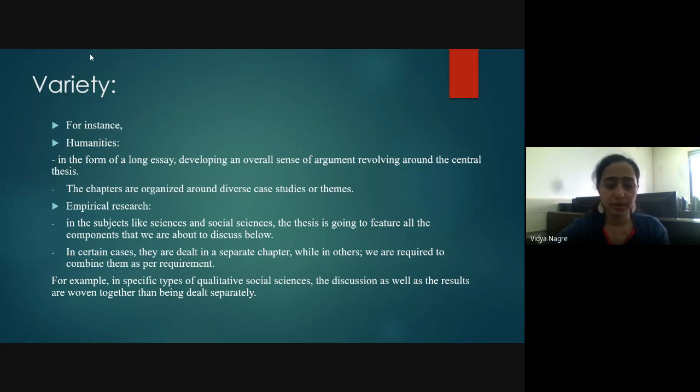That happens in humanities. For example, in a specific type of qualitative social sciences, the discussions as well as the results are woven together rather than being dealt with separately. But in pure sciences or natural sciences, the results section and discussion sections are treated separately.